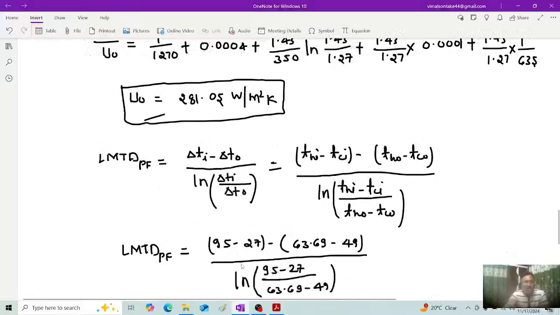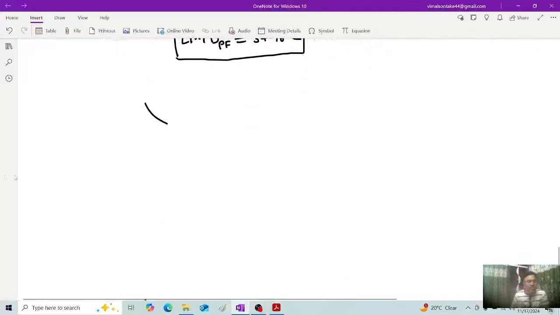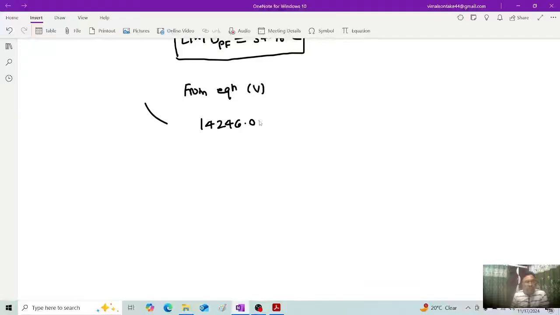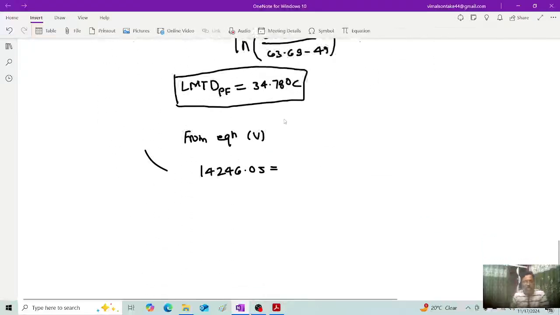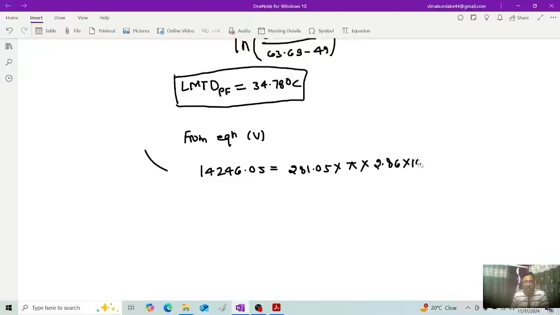So, value of Q from equation 5 is 14246.05, value of U naught is 281.05, into pi into outer diameter is 2.86 into 10 to power minus 2.